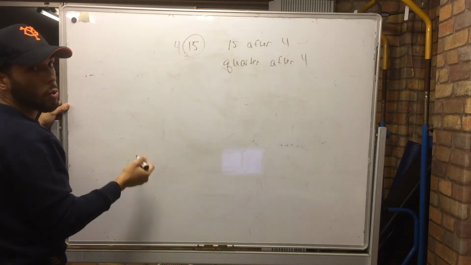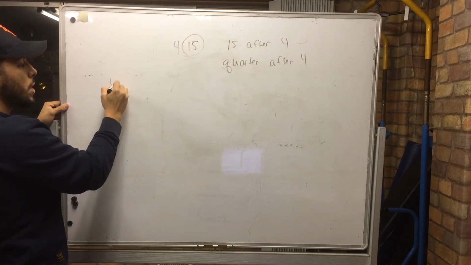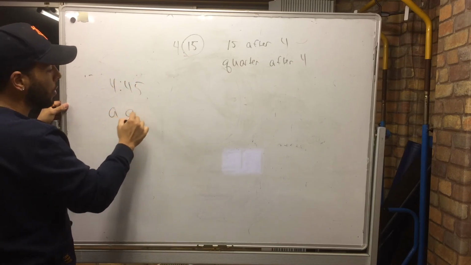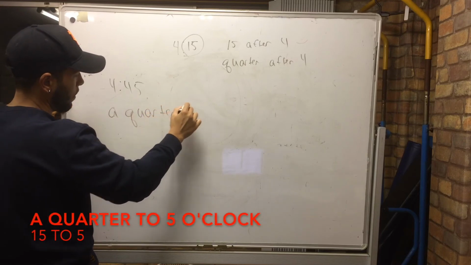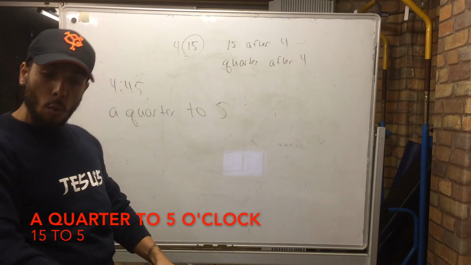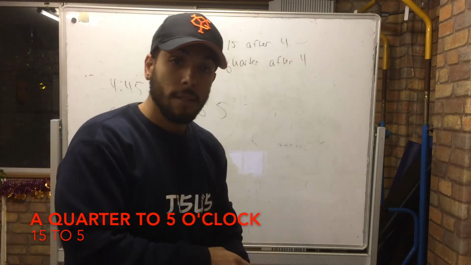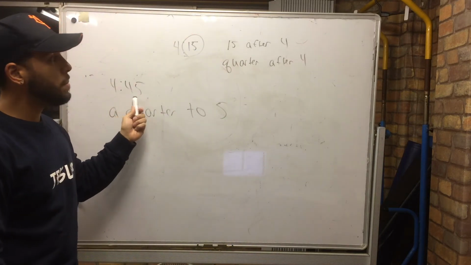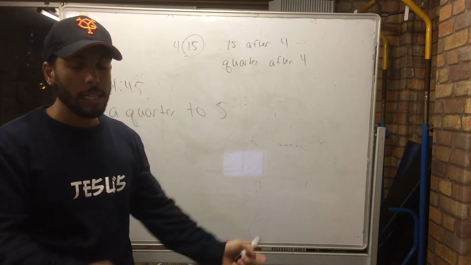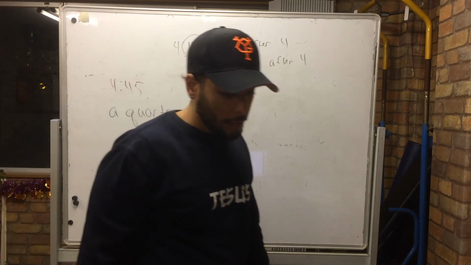Because we said 15 is a quarter. Same, when it's 4:45, we would say a quarter to 5, 15 minutes to 5 o'clock. A quarter to 5 o'clock. That's when you use a quarter.